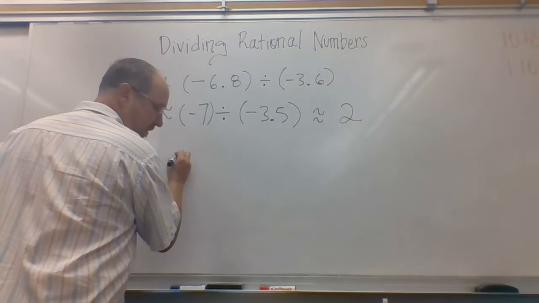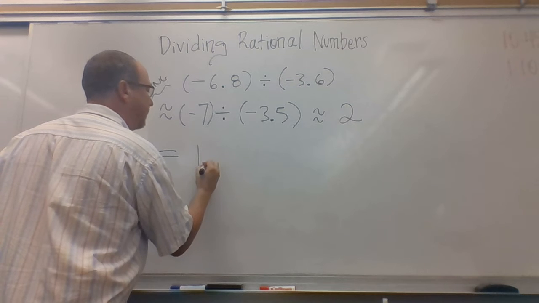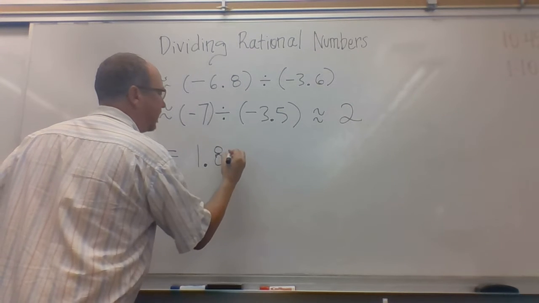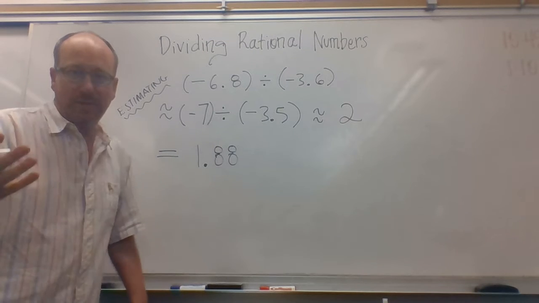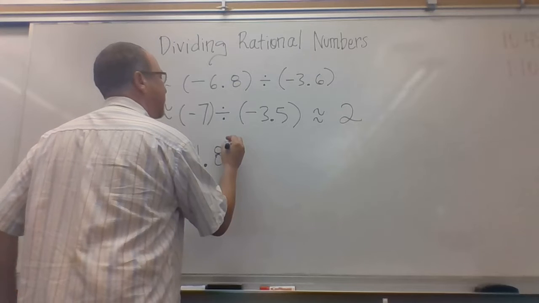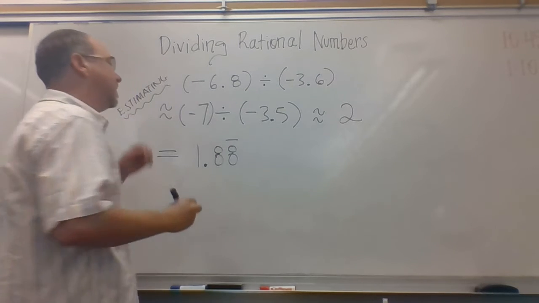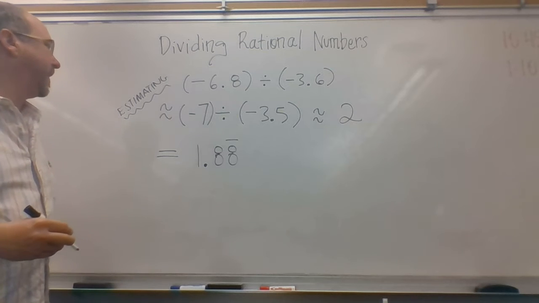So it's going to be equal to 1 and 88/100 repeating. And what's the symbol for repeating? The little bar on top of the number that repeats. So you could have just done it at the tenths. It doesn't matter too much.